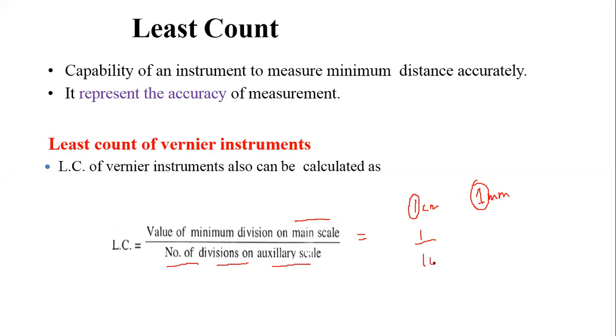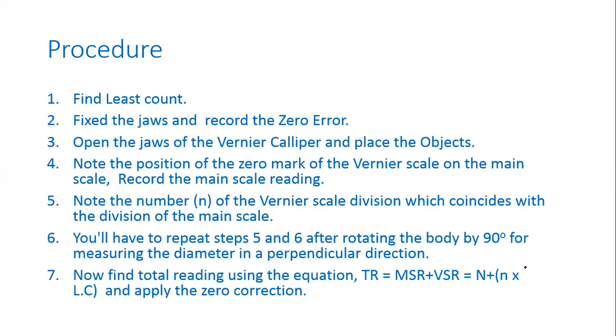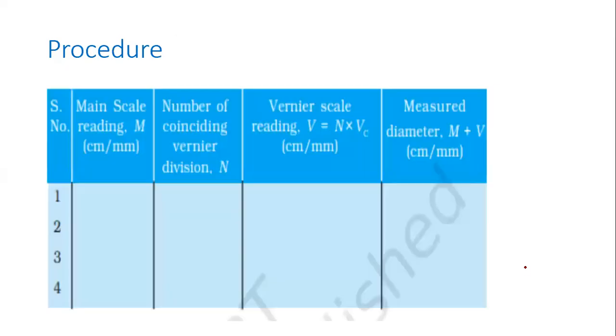If there are, for example, 10, so 1 divided by 10, you get 0.01 millimeter or centimeter. Or if total number of divisions is 20, so 1 over 20 is 0.05. So these are least count. How can you find least count? One smallest division of main scale divided by total number of divisions on Vernier scale. Okay, this is the procedure.